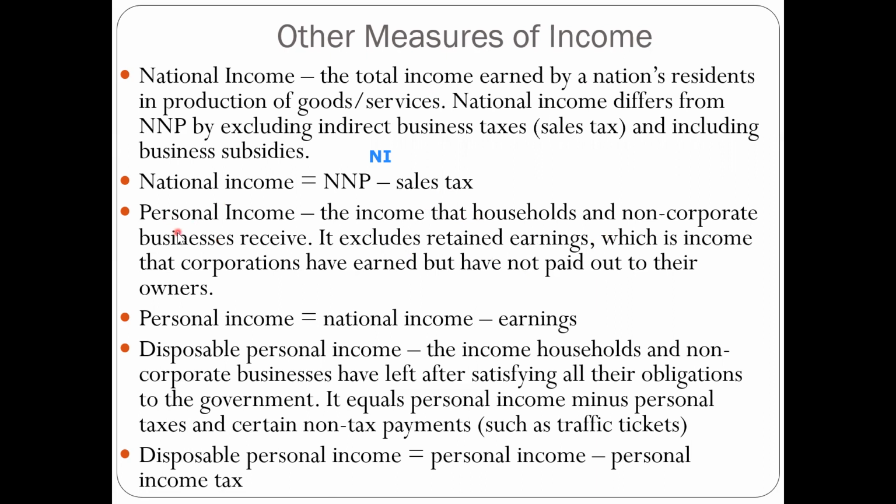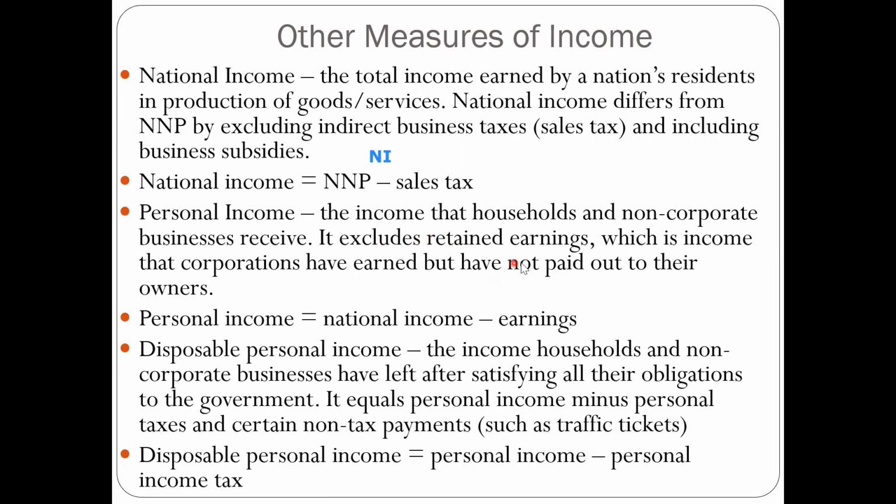So personal income is the income that households and non-corporate businesses receive, excluding retained earnings. It's the income that corporations have earned but haven't paid out to their owners. So this means that the company didn't share these earnings, which makes them retained earnings.